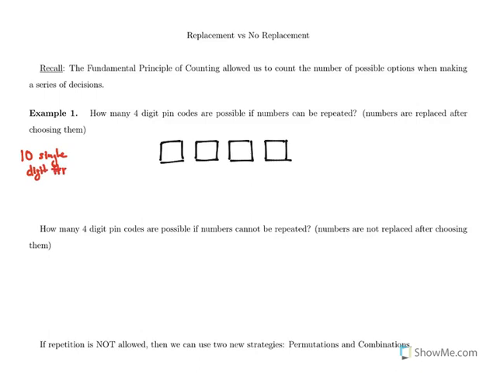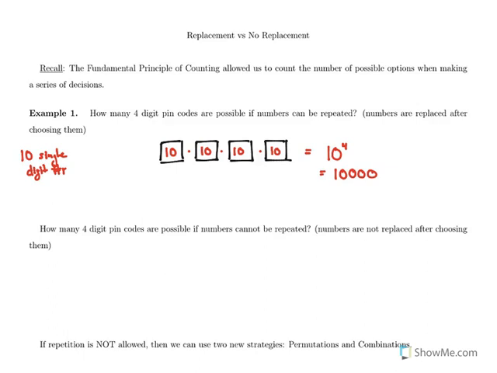Since they can be repeated, there are 10 options for each of these. That means in total, we multiply all those together and we get 10 to the 4th options, or we could just write that as a number, 10,000.